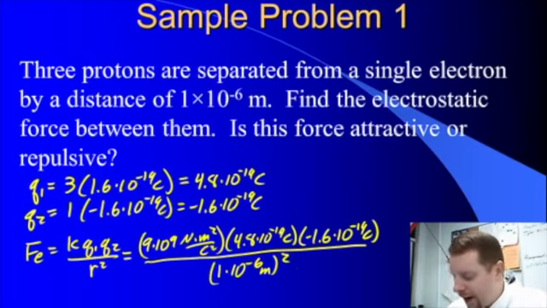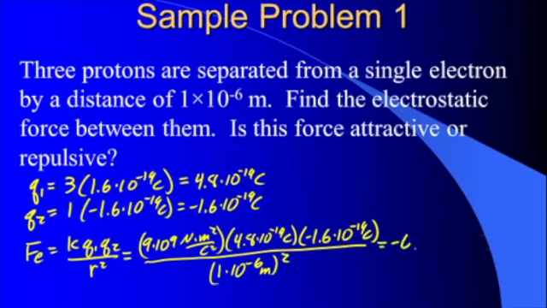I run that through my calculator. I come up with a force of about negative 6.9 times 10 to the negative 16 newtons. Now, the magnitude of the force is what we're most concerned with here, which would be 6.9 times 10 to the minus 16 newtons. And we could look at it and say, yes, a negative force means that the objects are attracting.